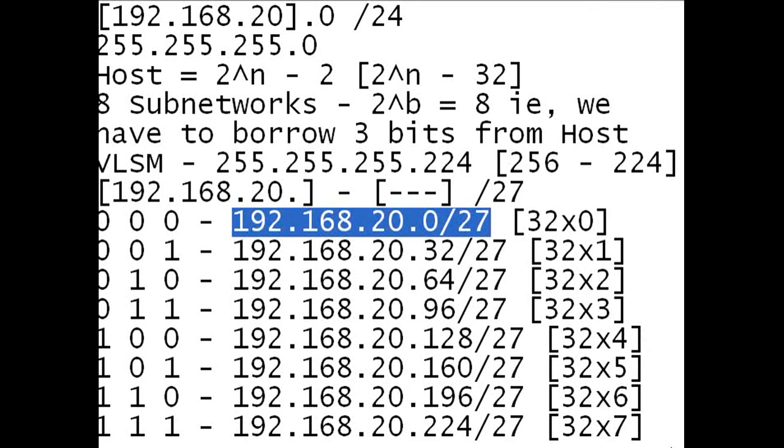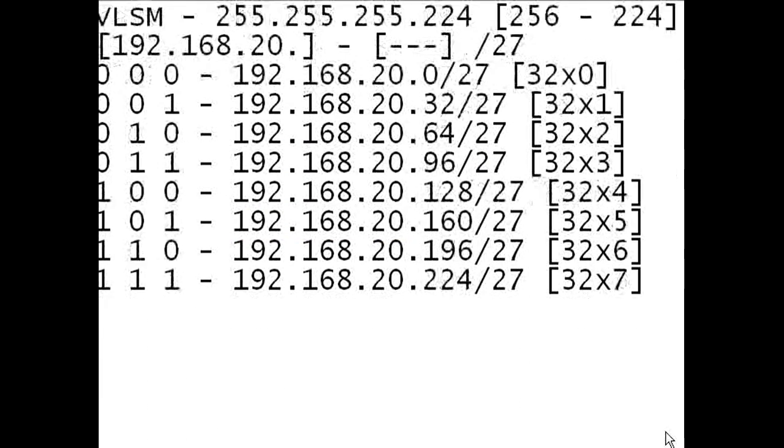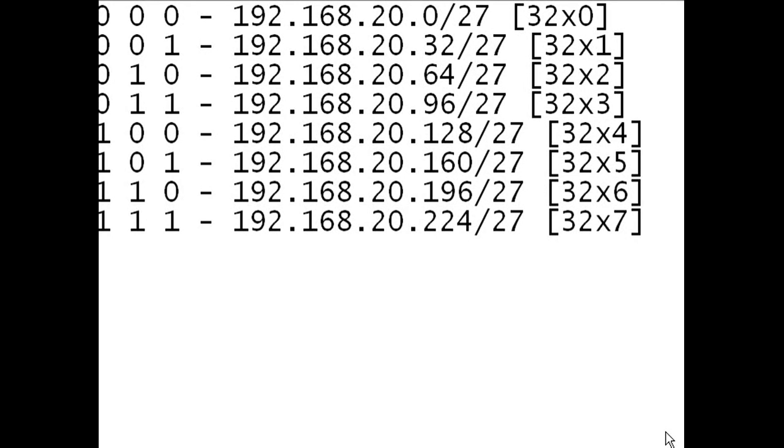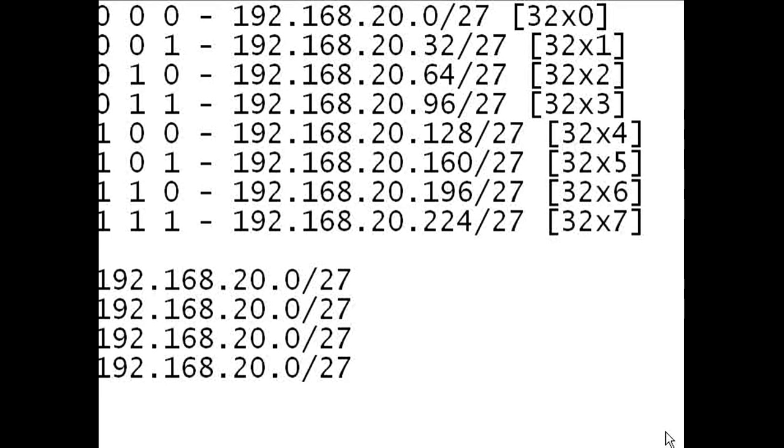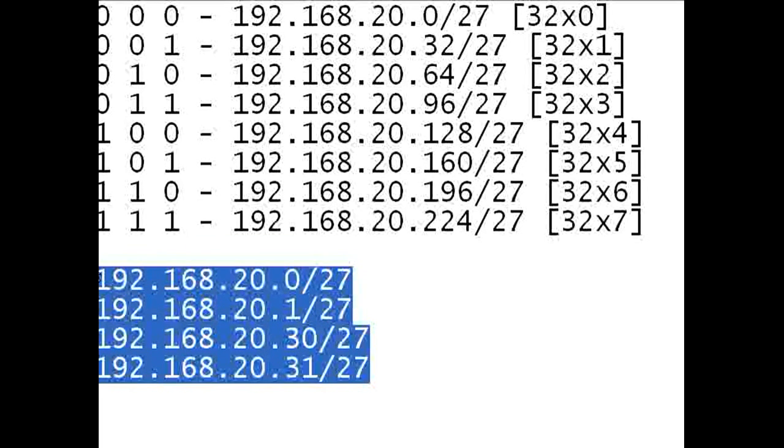Next network is 32, so the broadcast address will be 31. So it will start from 1 and go till 30. So this is my first subnetwork. This is the specification of the first subnetwork: 192.168.20.0 is the network address, 192.168.20.1 is the first IP, 20.30 is the last.